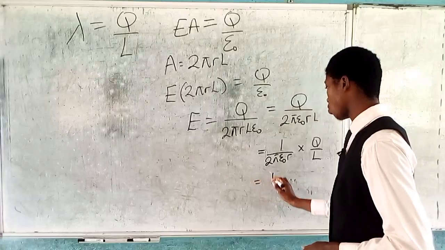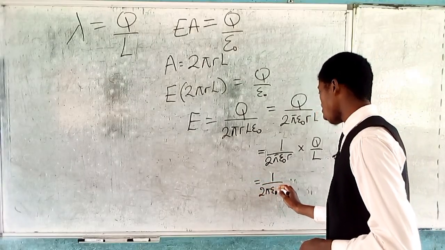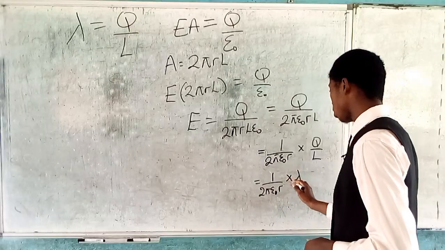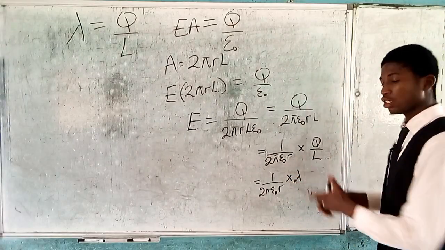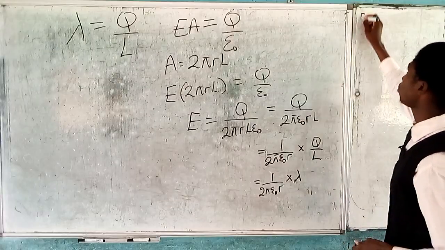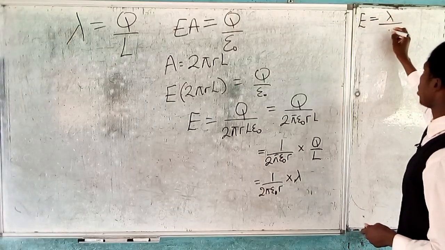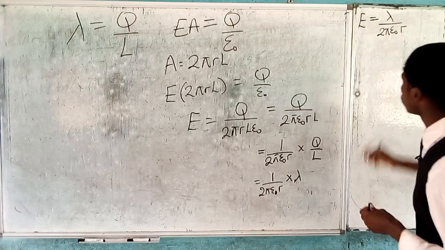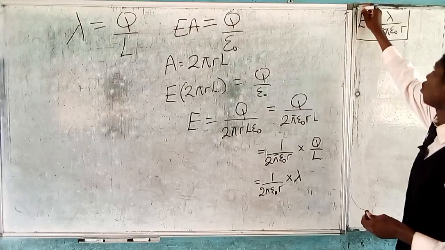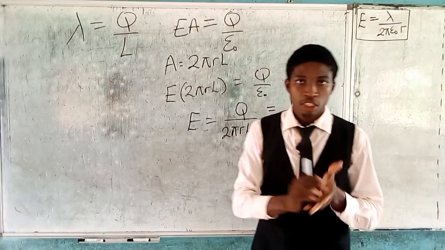So this is 1 over 2 pi epsilon naught R times the linear charge density. And when you combine this together, you have that electric field E is equal to the linear charge density divided by 2 pi epsilon naught R.